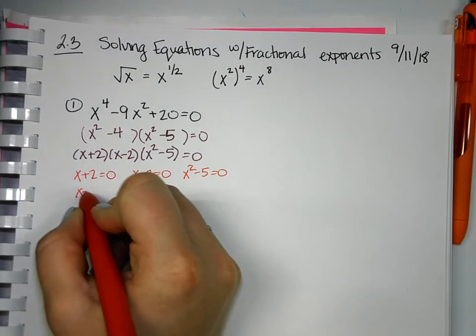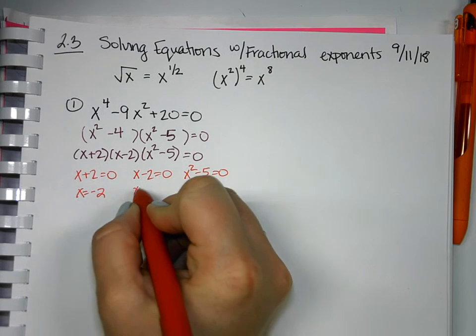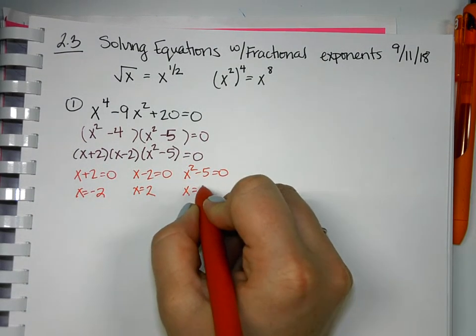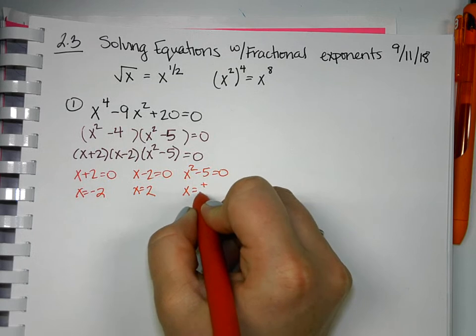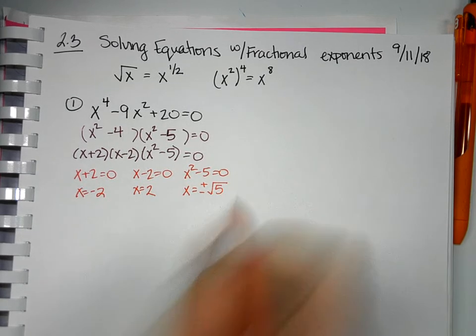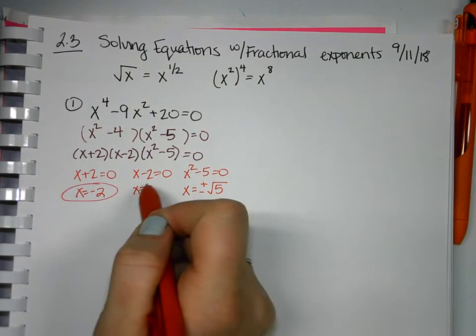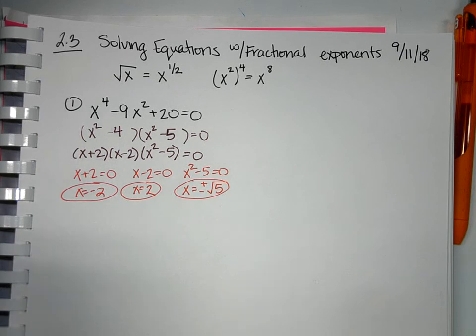So we'll get -2, +2, and over here we have to remember when we square root both sides, we get plus minus the square root of 5. So we'll add 5 to both sides and then square root, not forgetting the plus minus. And those would be our 4 solutions.